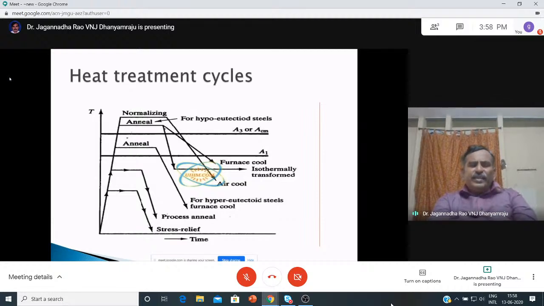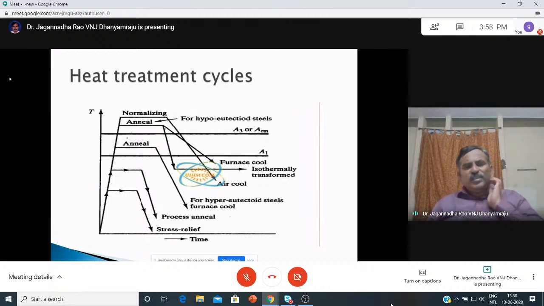Whereas air offers natural convection, and the cooling rate is faster than the furnace cooling. So because you are cooling it faster, the steel will become stronger. If you cool slowly, it will become soft, and when you cool fast, the material will become strong. So that is a normalizing treatment.